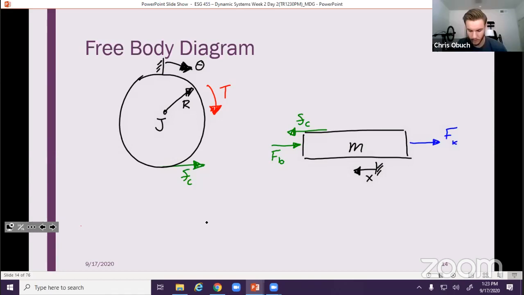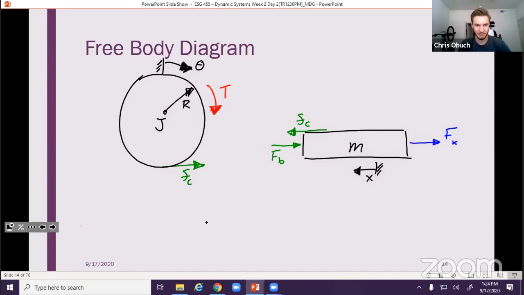So we have the negative T, the applied torque, plus the F sub C times the radius to get a torque. Remember, guys, in his free body diagram, theta was going the other way.